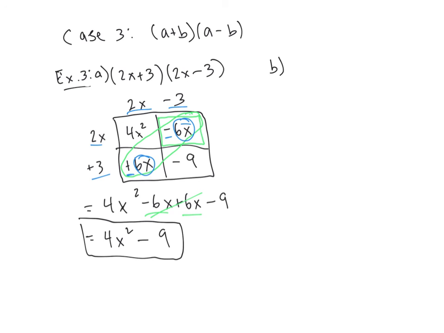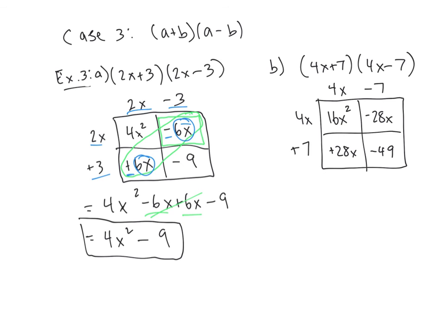All right, one left for you to try. We're going to do (4x + 7) times (4x - 7). Go ahead and work that out with the box. Remember to think about how that diagonal is going to cancel and enter your answer when you're ready. So we should get a box that looks like that. Again, you should notice on that diagonal, I have a plus 28 and a minus 28, which is going to end up adding to 0 or canceling.